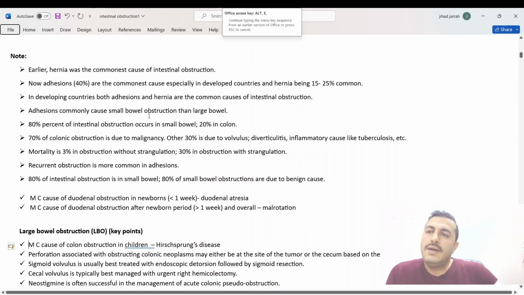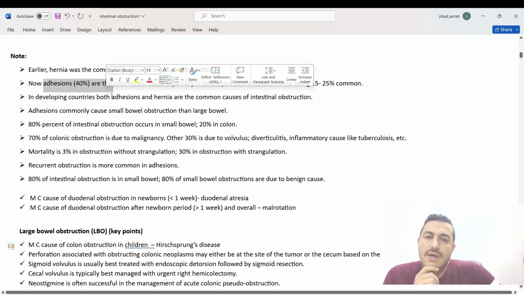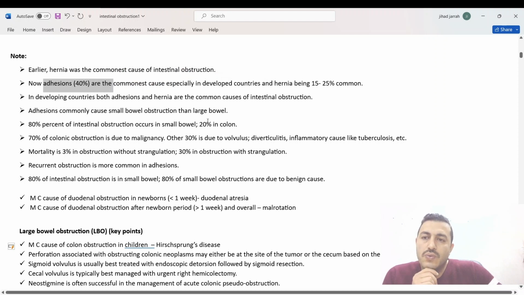Among the notes we want to discuss here, for example, nowadays adhesion is the most common cause of intestinal obstruction worldwide. Earlier in the past, it was hernia, while it has been replaced by adhesion nowadays.